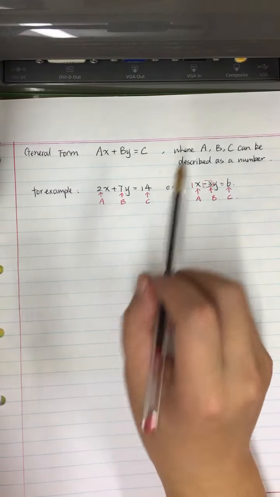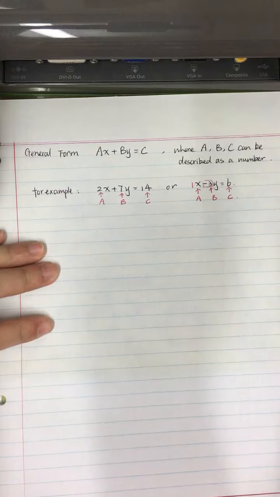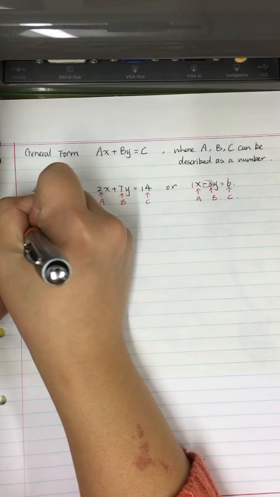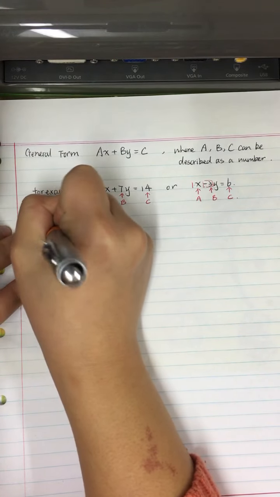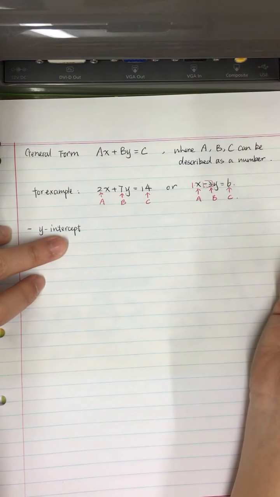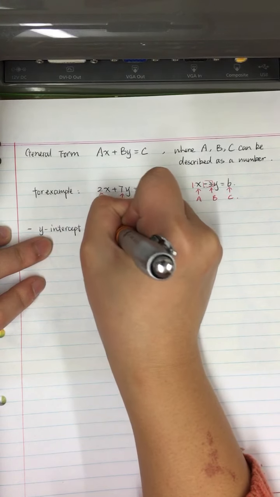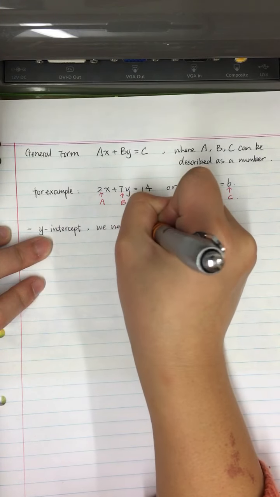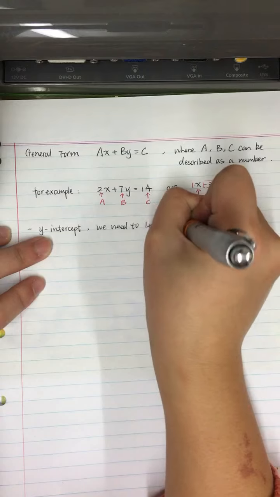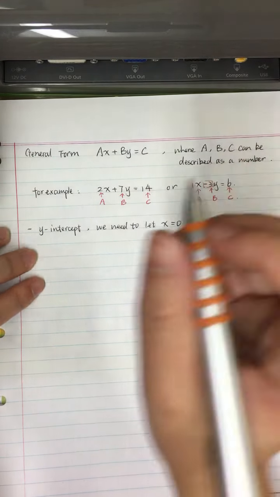So to draw the graph of that general form, we need to find two things. Firstly, the y-intercept. To find the y-intercept, we let x equal 0, and then substitute into the equation to find the y value.